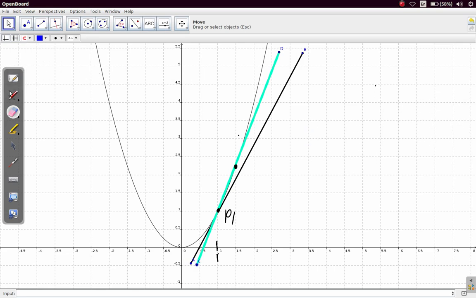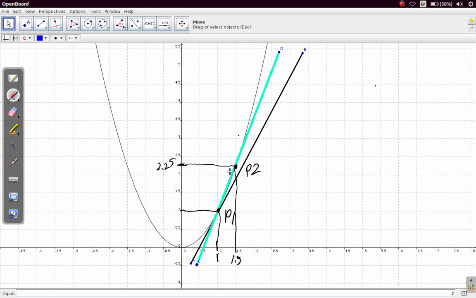Let's see. The gradient of this green line. We have 1 and 1.5. So let's call this point 2 and this point 1. Point 1 is 1, 1, and point 2 is 1.5, 2.25. So 2.25 corresponds with 1.5 and 1 corresponds with 1.